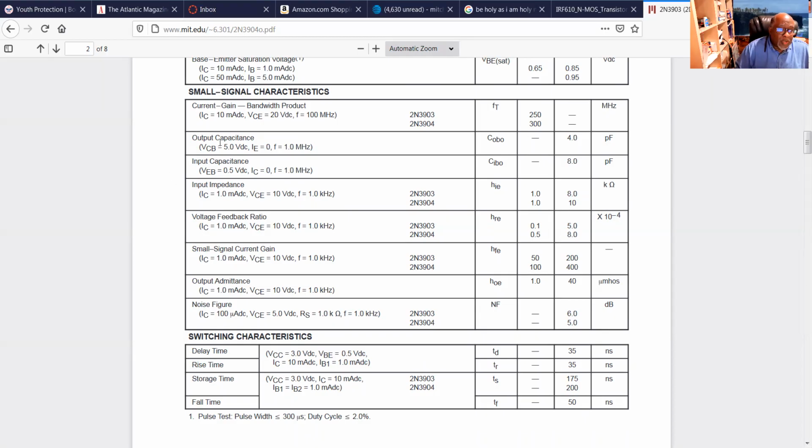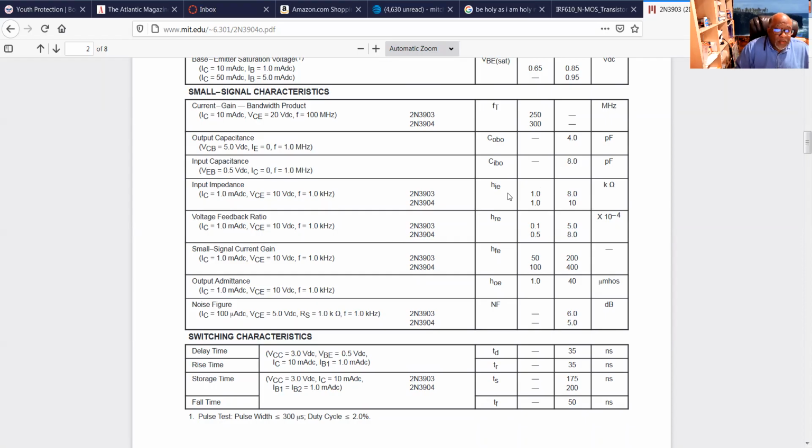So here's our output capacitance. In the textbook, we call it C out, at the base, and it's like 4 picofarads. Then you have C ibo, which is about 8 picofarads. Again, if you look back at some of the problems we worked for looking at your high frequency poles, you'll find that we were given these parameters.